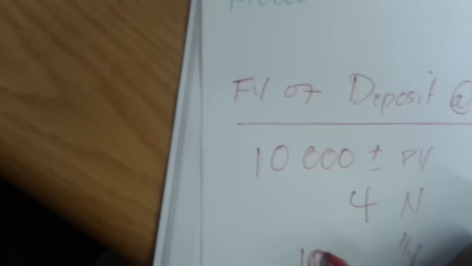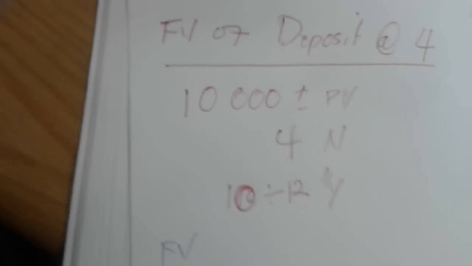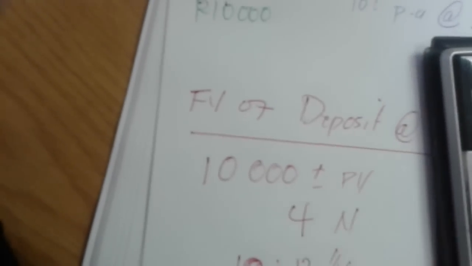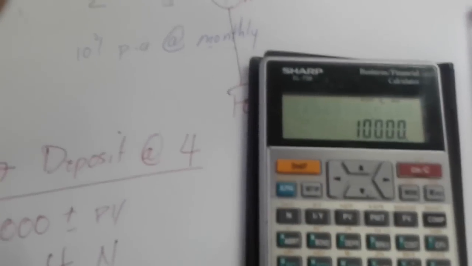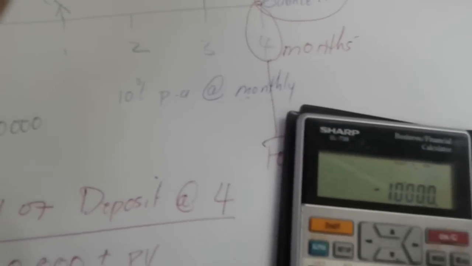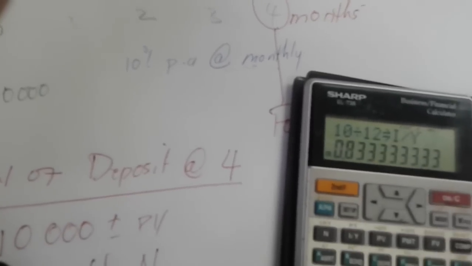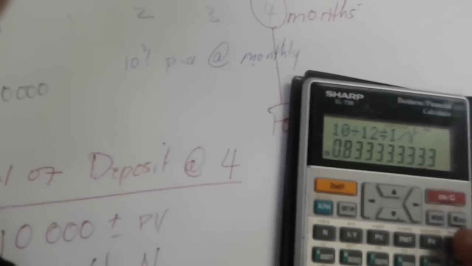10 divided by 12. There you go. Now, let us compute our FV. You can use your HP if you're using HP. I think by now you know how to do the calculation. So 10,000 plus minus PV, and your 4 is your N, and 10 divided by 12 is your I. And then you compute FV.